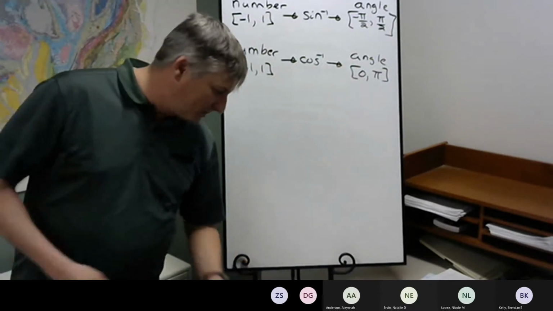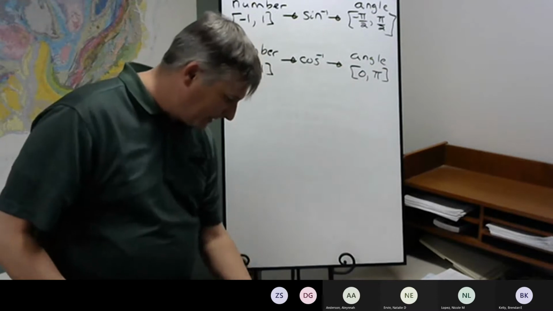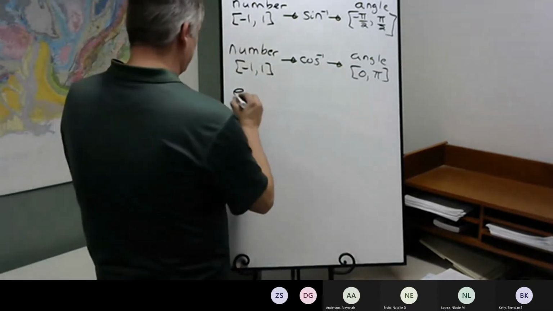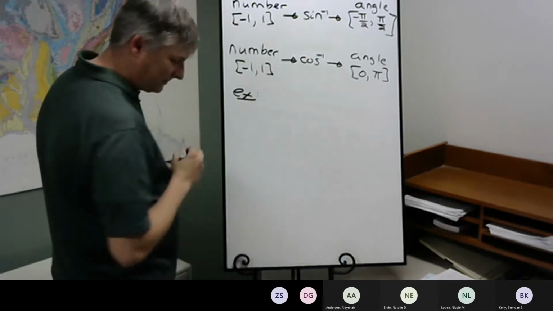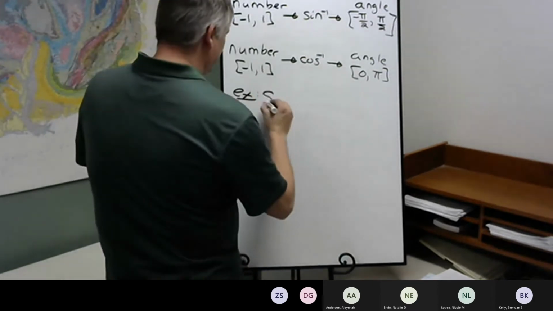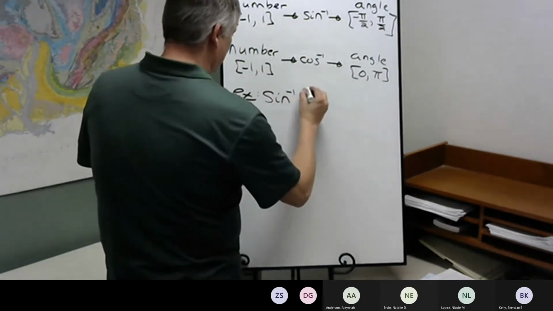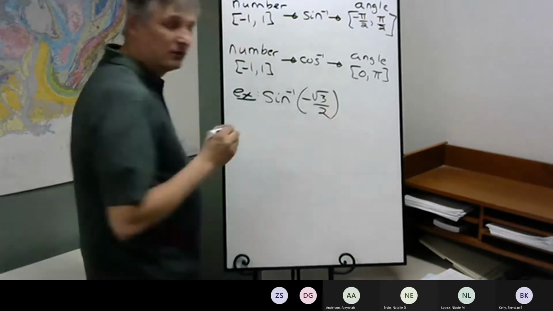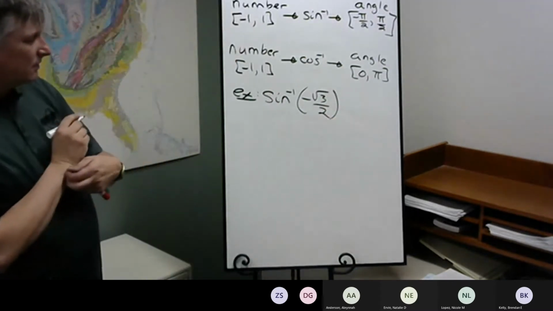To do an example, let's say we have sine inverse of -√3/2.